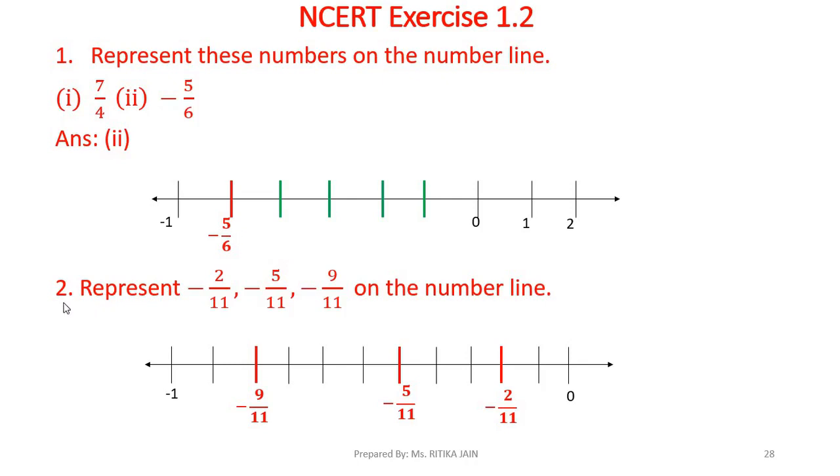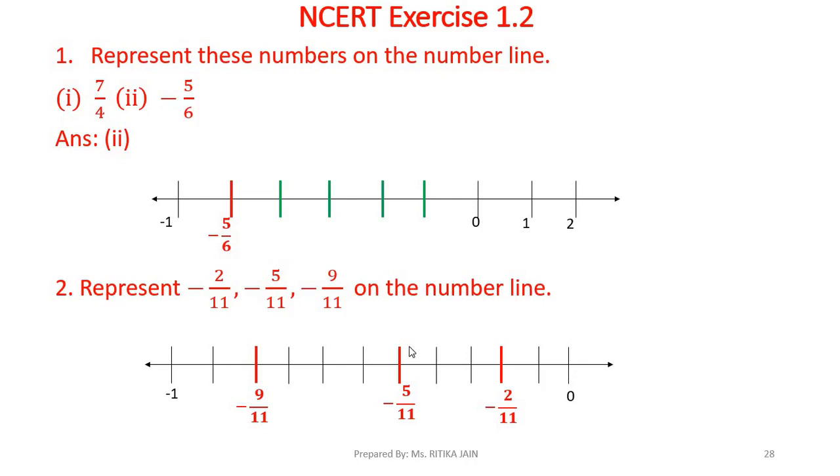Okay students, now the second question: represent -2 by 11, -5 by 11 and -9 by 11. As we compare the numerators and denominators of all three rational numbers, you will find that the numerator is less than the denominator in each case. It means again we will have our region between 0 and -1, as all three rational numbers are negative.